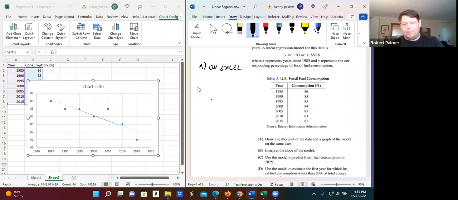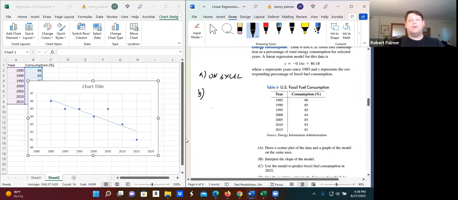Now, B, interpret the slope of the model. Here we definitely see this trend in the data. It's decreasing, right? It's going down from left to right. So apparently the percent of fossil fuel usage is decreasing, although not an incredible amount. We go from 86 to 81, but it is decreasing.